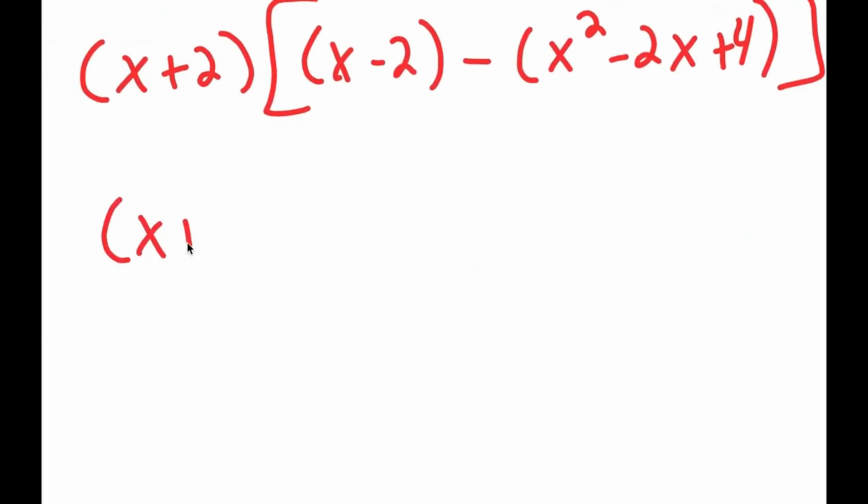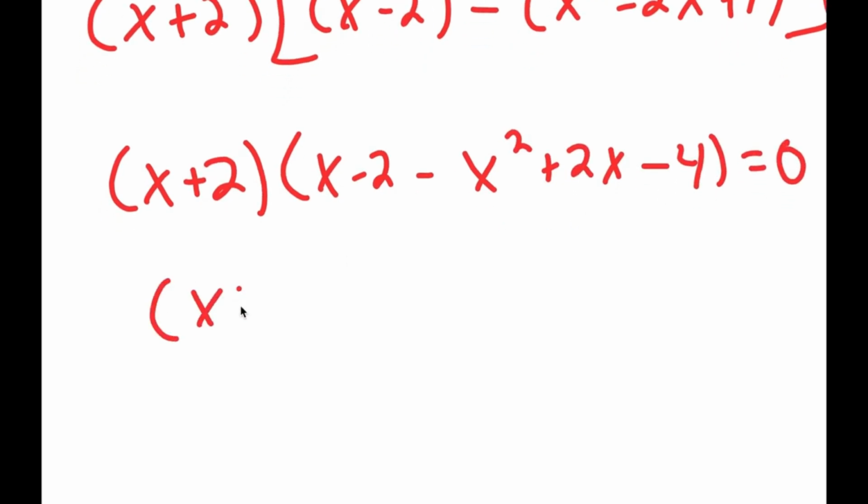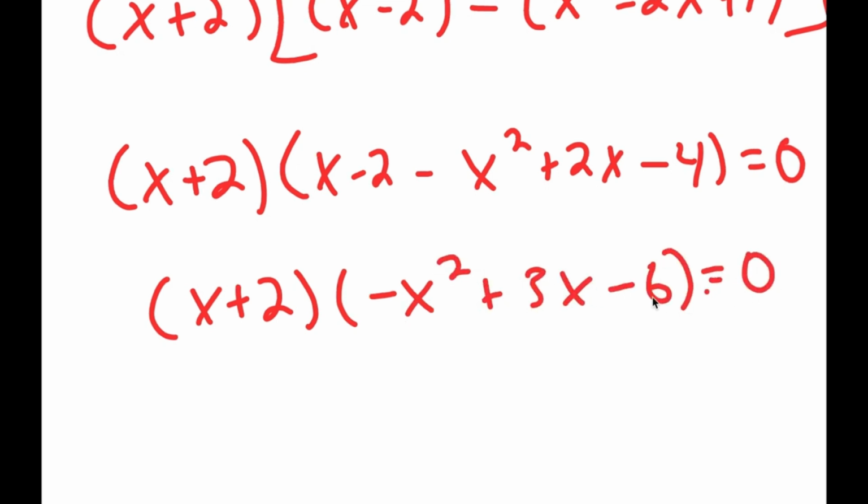And this turns into (x plus 2) times (x minus 2 minus x squared plus 2x minus 4) is equal to 0, which equals (x plus 2) times (negative x squared plus 3x minus 6) is equal to 0.